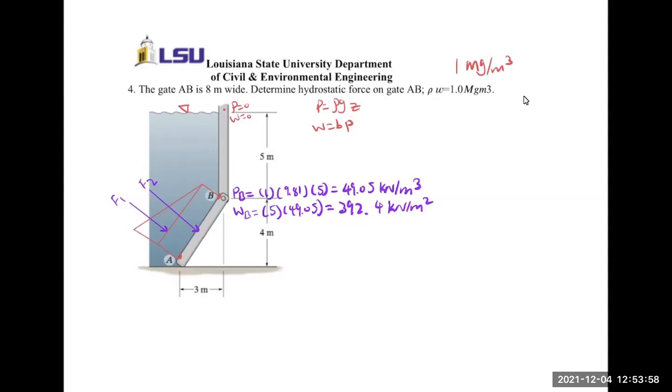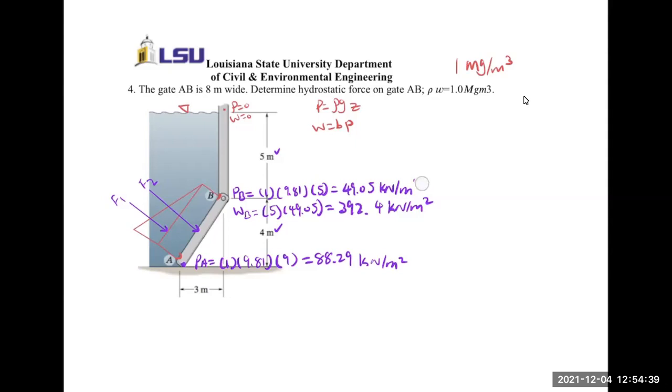Okay, next thing now, let's do the analysis at A. PA, same thing: rho multiplied by 9.81 and then multiplied by Z. That's the vertical distance. Even though this plate is tilted, you consider the vertical distance, so it would be 5 plus 4. You combine and calculate that, and you're going to get 88.29 kilonewton per meter square.